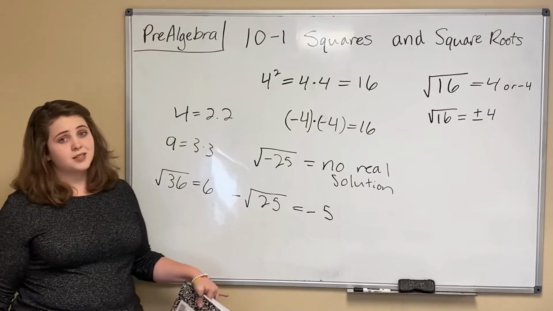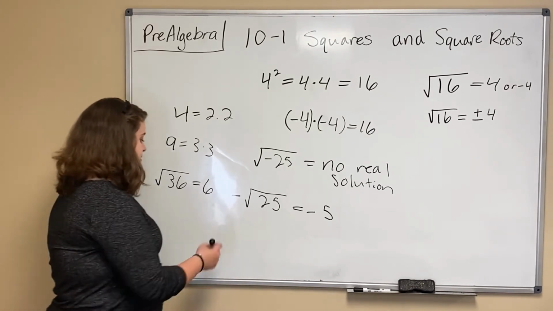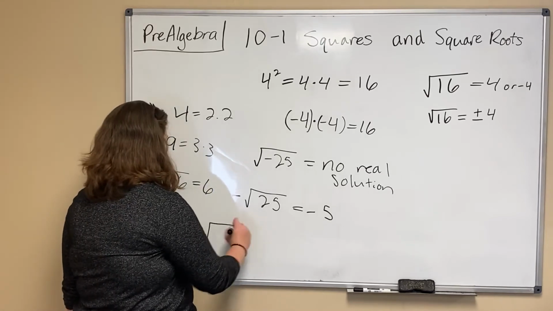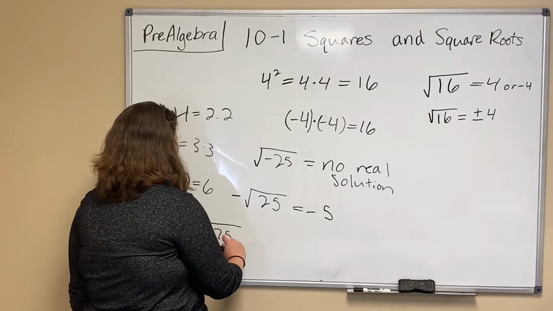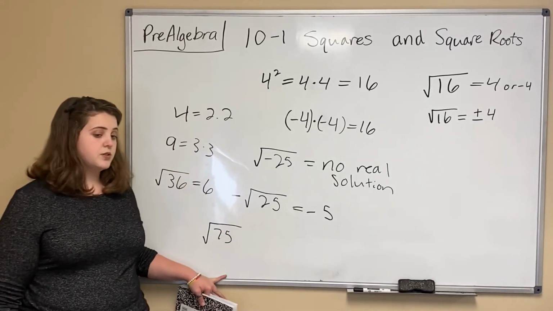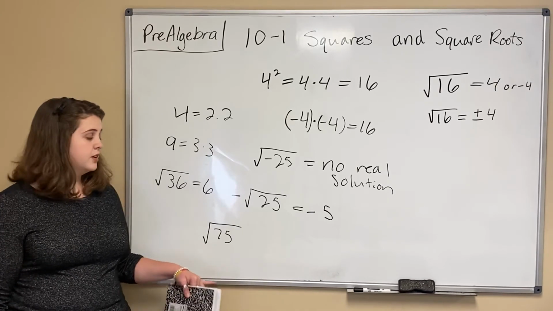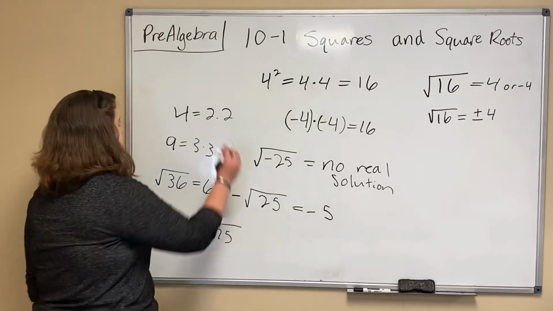But you may run into some numbers that aren't perfect squares, and when that happens, say you had the square root of 75, what I want you to do is put it into your calculator. You'll see in your calculator, it will have a button that looks like a radical, like this.